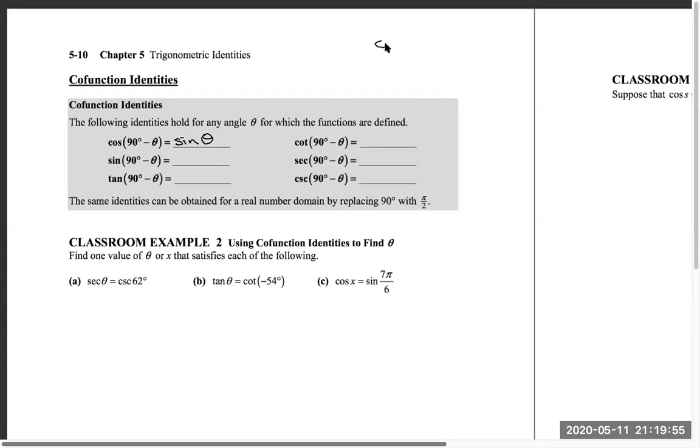Before we saw it like cosine of B equals sine of A, where A plus B is equal to 90 degrees. If I solve for B and plug back in, I get the same formula here. So I'll leave that off for now. There's more important things to cover. Let me clear this out.